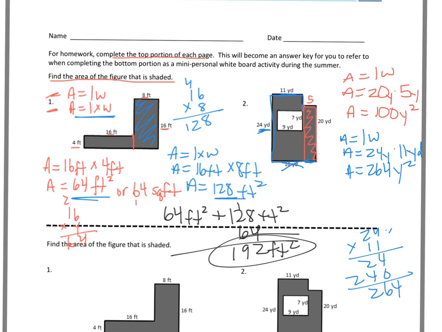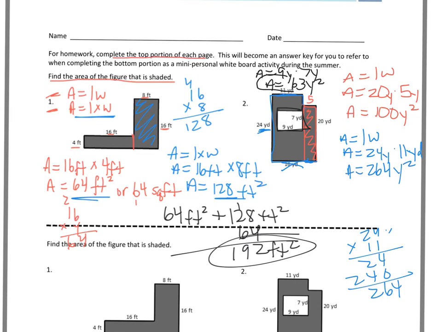And I'm abbreviating my units so I can get everything in. So that's the shaded piece. But I do have a little piece in there in white that I got to find out. And I see that it's 9 yards times 7 yards. So my area for the white piece is 63 yards squared.